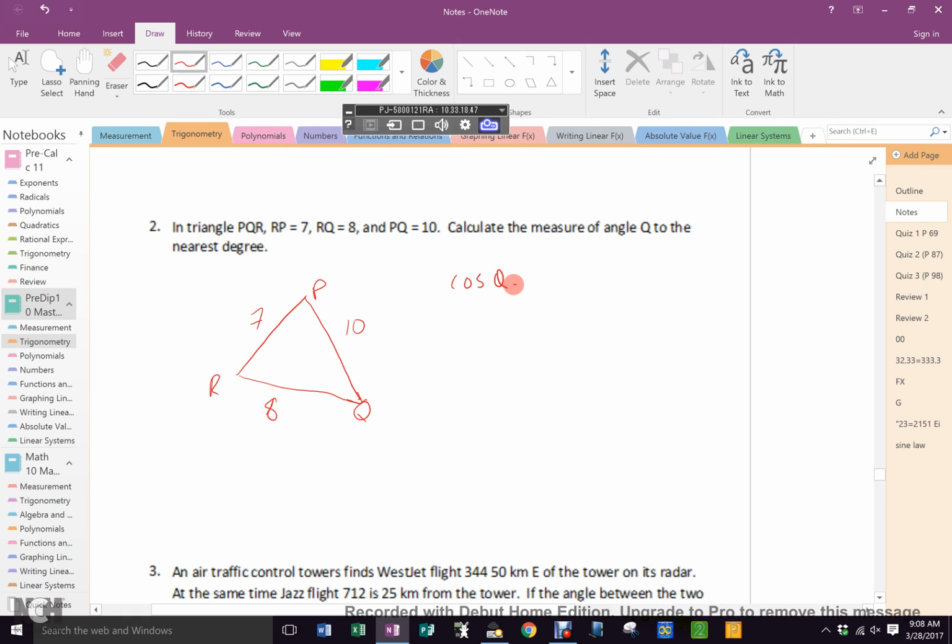Cos Q equals what? Right, so it has to be 7 squared, yeah? Minus what? Does this order matter? No. 10 squared minus 8 squared over what?